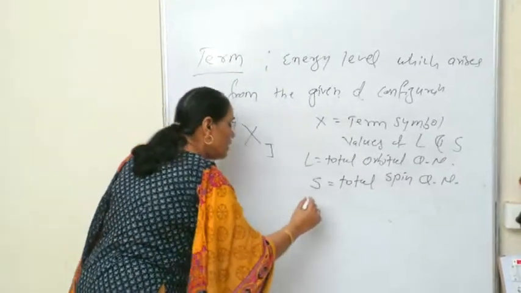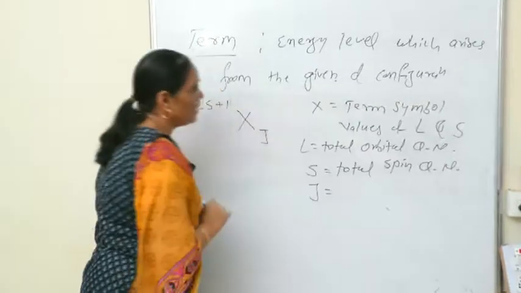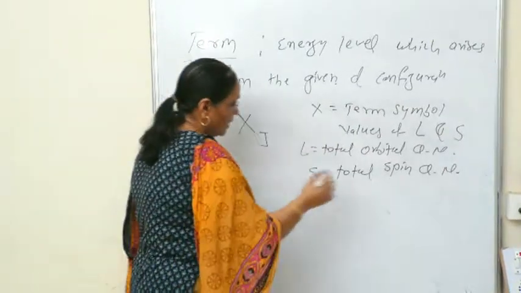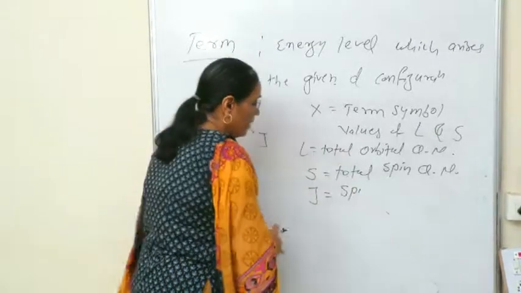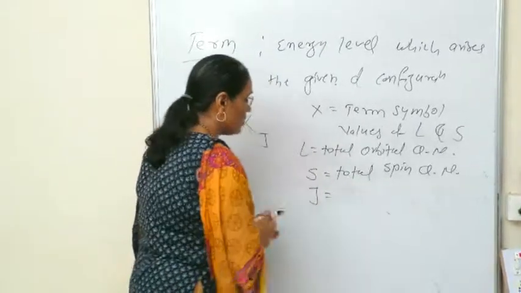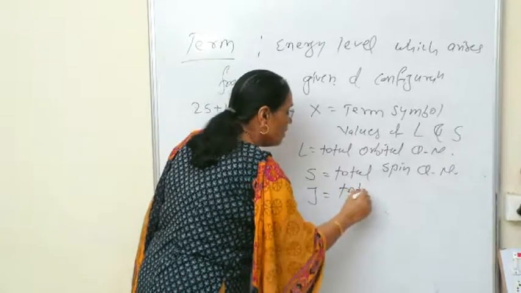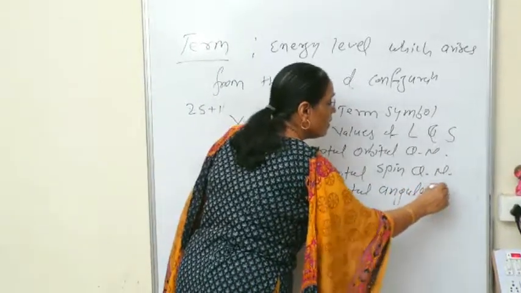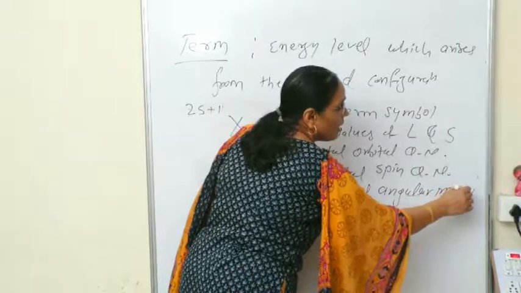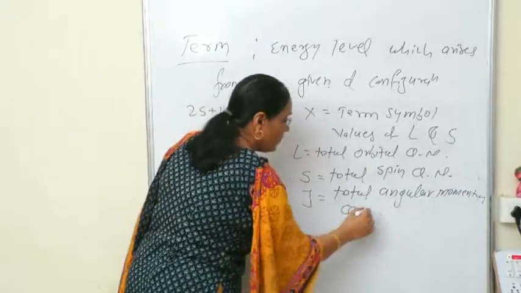This J value is the spin-orbit coupling, also called the total angular momentum quantum number.